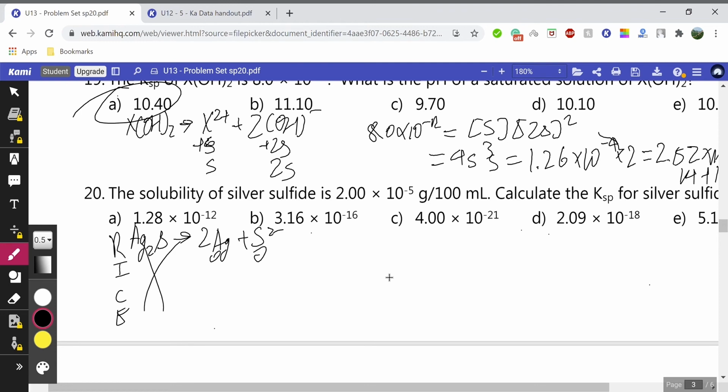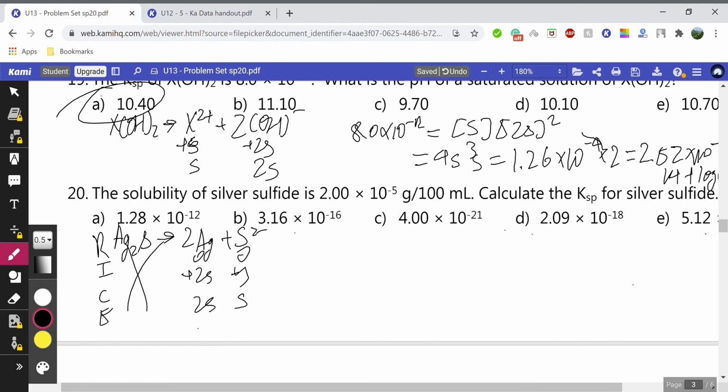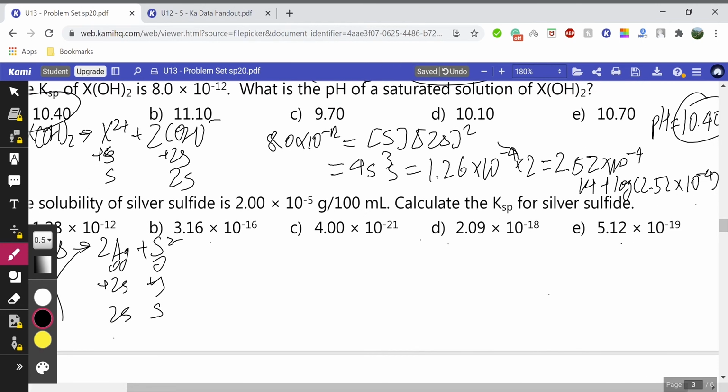The initial is 0, 0, plus 2s, plus s, 2s, s. Okay, next, we're looking for the Ksp. So Ksp is equal to 2s squared times s. Ksp is equal to 4s cubed.